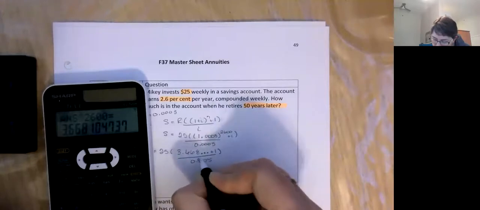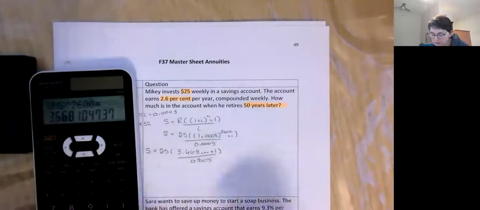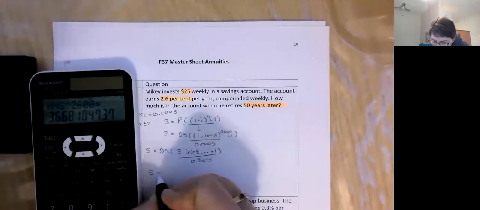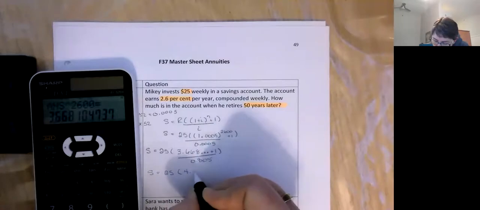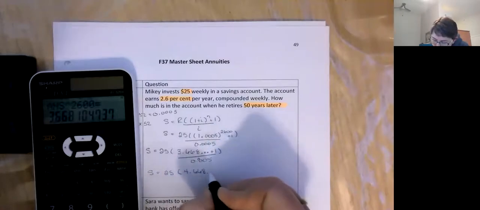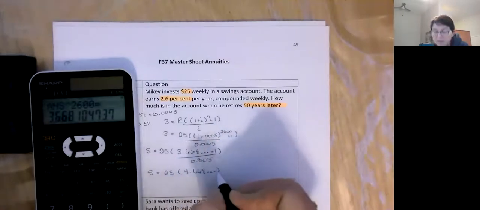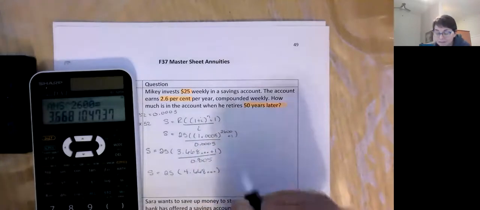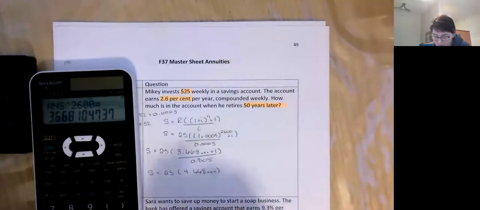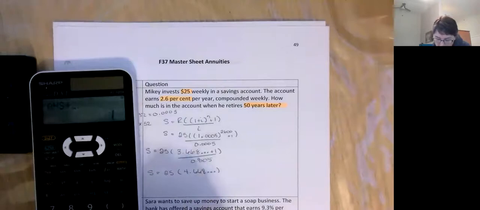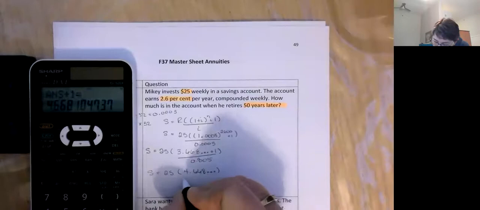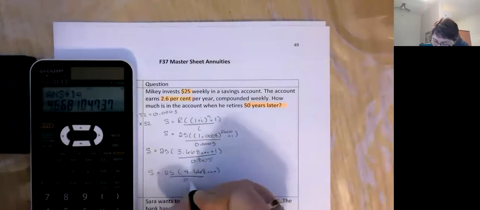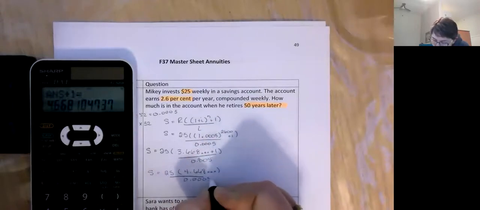Oh, look at that. I already lost a 0. So be careful. S is equal to 25 times 4.668, and a bunch more numbers that I'm too lazy to write. There's the truth, folks. I'm going to add 1 on my calculator. See, still there. And that's going to be divided by 0.0005.